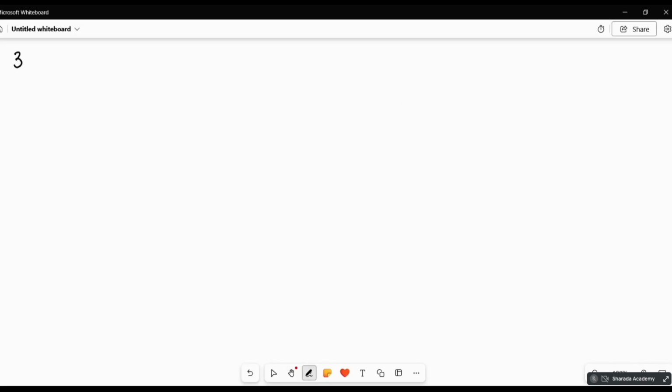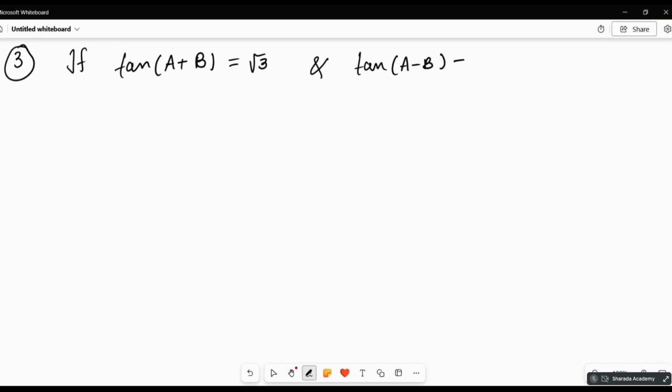Third one. Listen now. They have given if tan of A plus B is equal to root 3 and tan of A minus B is equal to 1 by root 3.